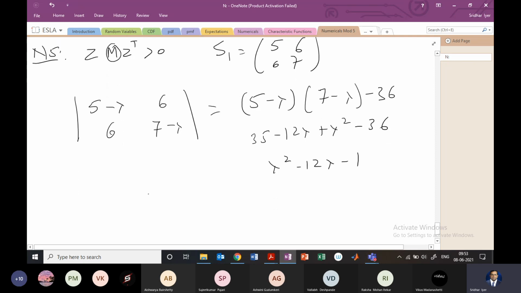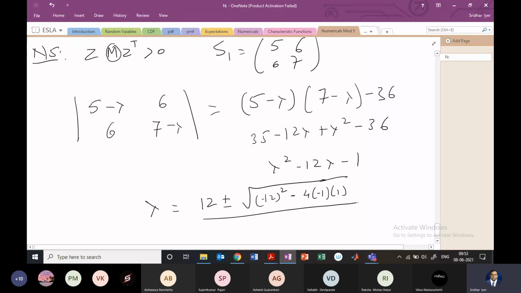Now this is a quadratic equation, so we need to solve this. You'll get lambda as minus b, so you'll have plus 12 plus or minus root of minus 12 square minus 4ac, so minus 4 into minus 1 into 1, divided by 2, right?